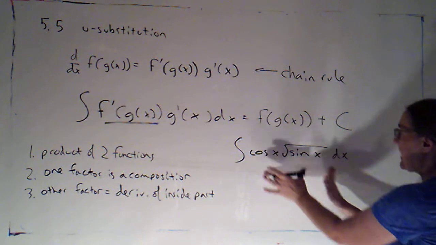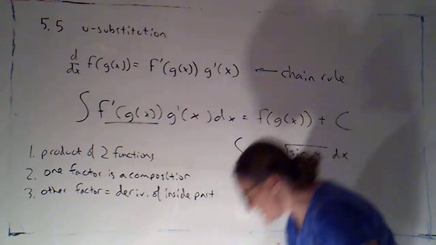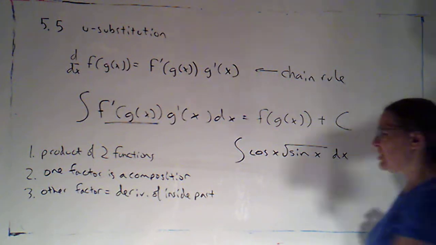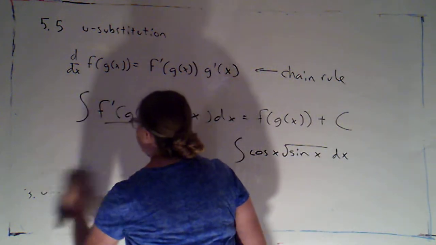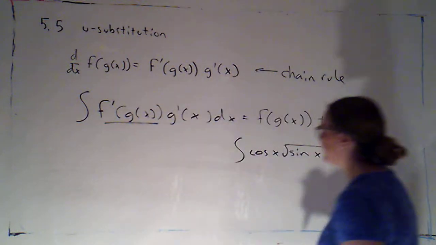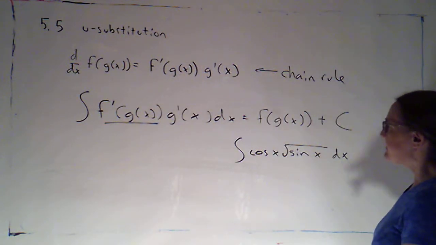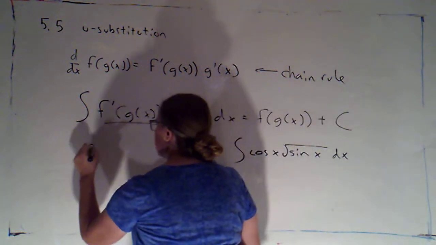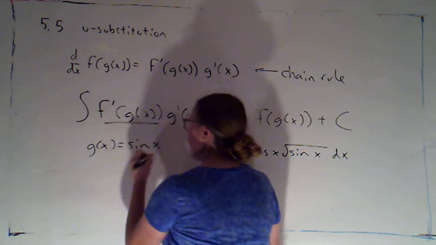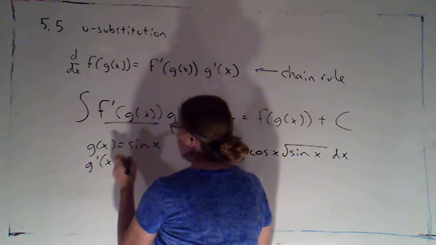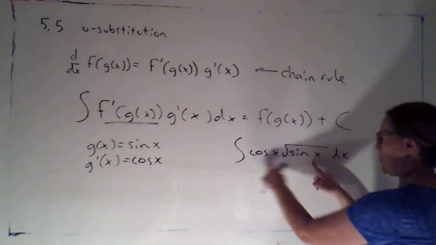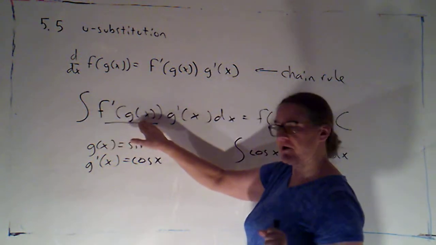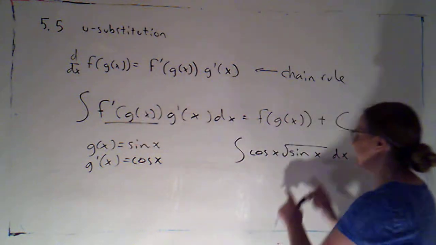So it looks like this actually matches this formula right here. What I need to do is figure out what's f, what's g, all of that good stuff. Looks like g of x was supposed to be the inside part. So g of x here was equal to sine of x, and then g prime of x was equal to cosine of x. Now, f prime is the function that I'm plugging g of x into.